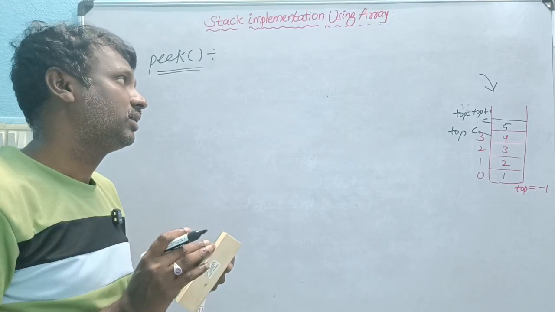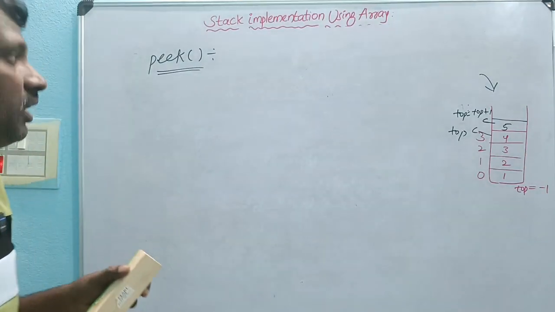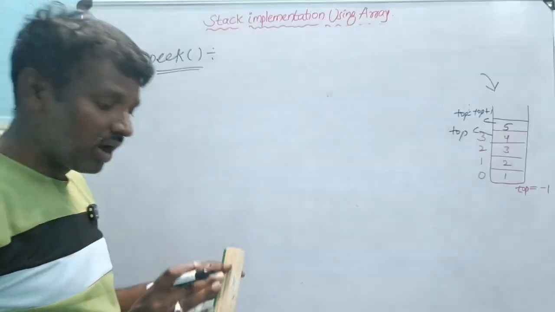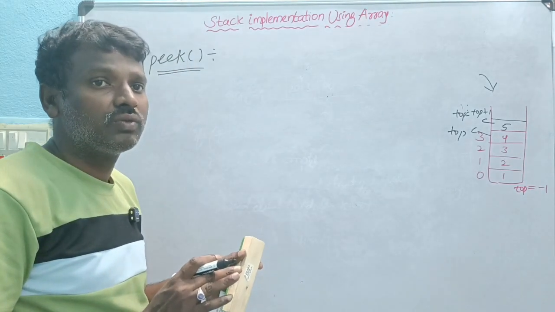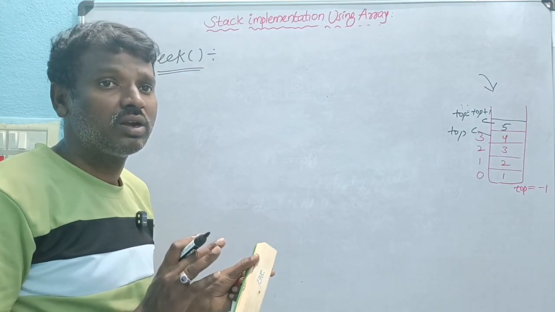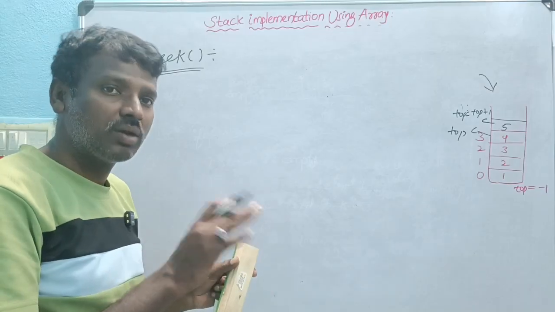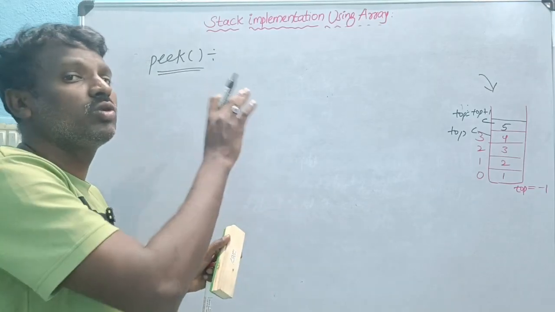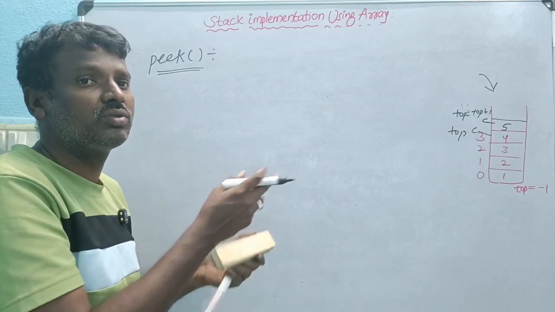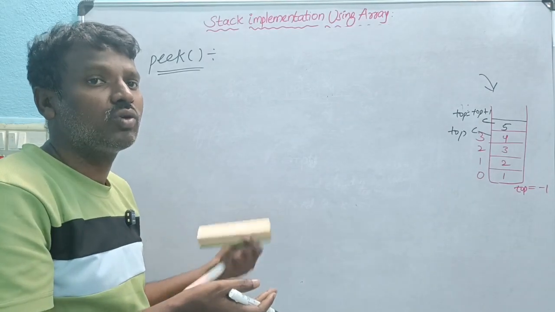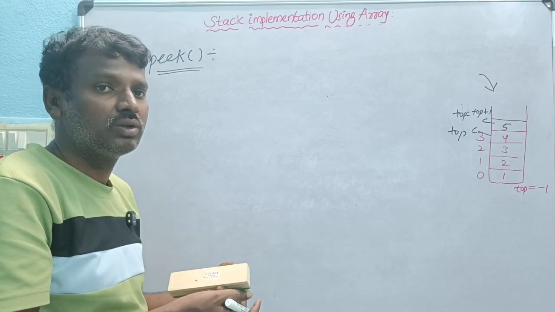Here also it is the same: to find the peek or top element of our stack, first you check the condition. What is that condition? If the stack has some elements, it is possible to find the peek element; otherwise it is not possible because the stack is empty.